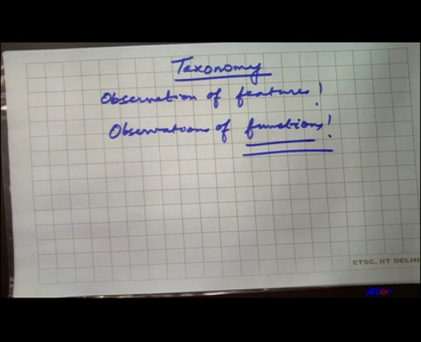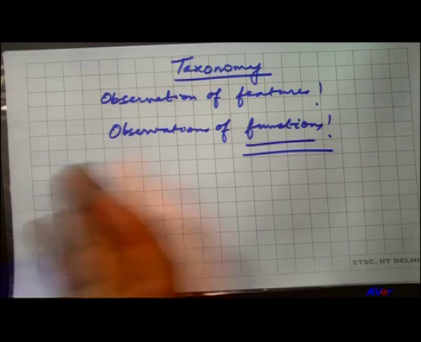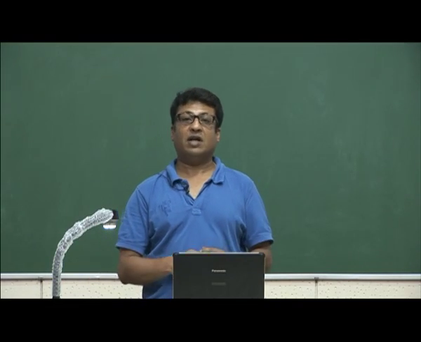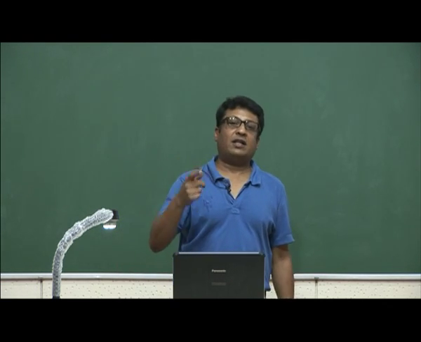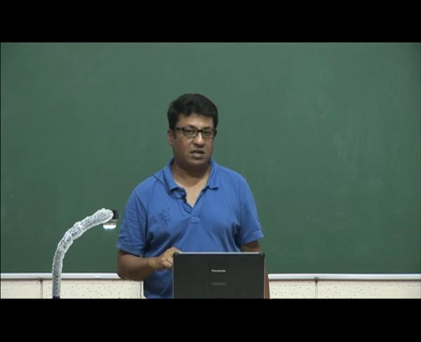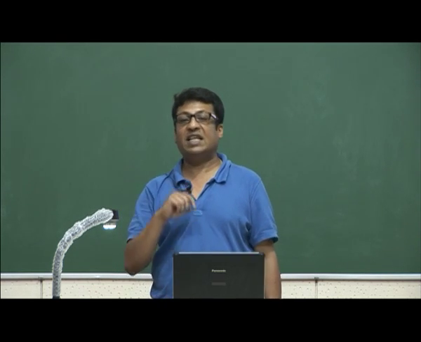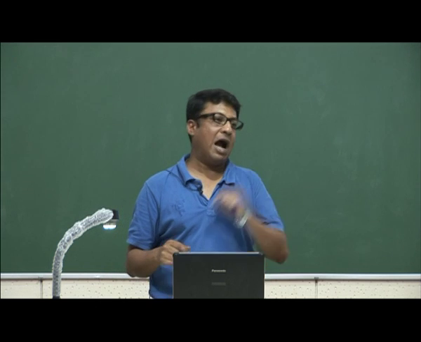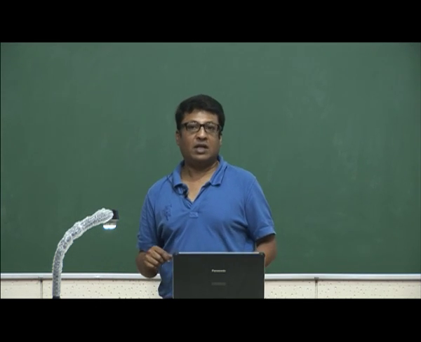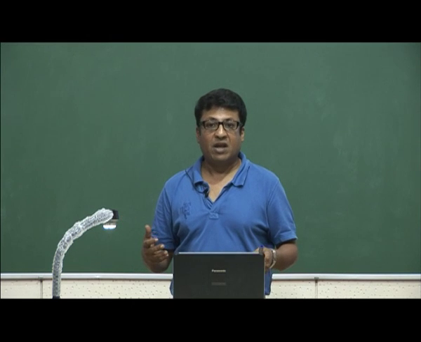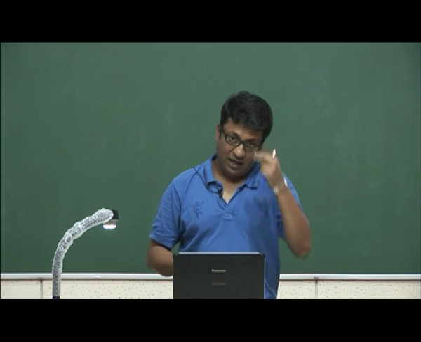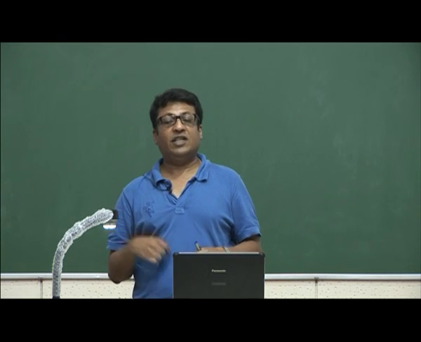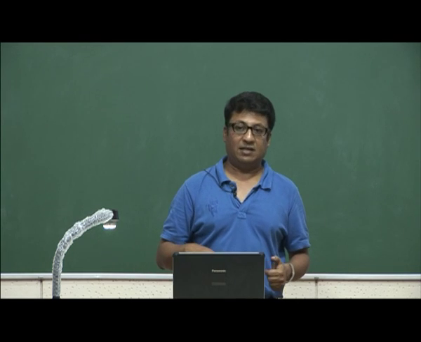What I mean by functions is, I can have this hand grab this object, that is a function. Now, this is easy for you to understand. However, the fact that you cannot digest cellulose which is in grass, but a cow can digest cellulose, that is also a function. We can eat glucose, we can break it into energy, but if we eat grass, the sugar source in that we cannot digest.